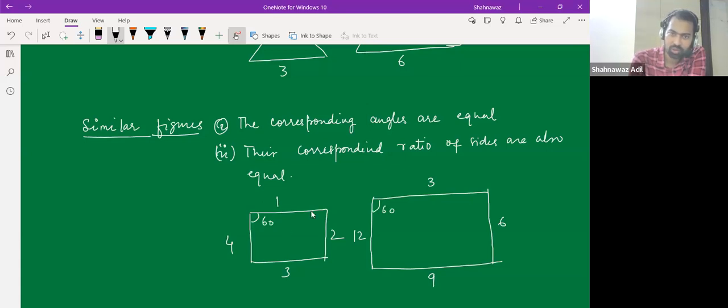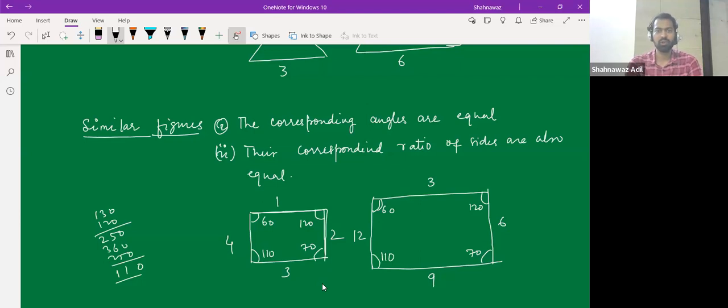Just don't bother about these diagrams, because this is not looking to be 60. And let's say this is 120, and let's say this is 70, and let's see what is left. 360 minus 250 is 110. So the rest would be 110.